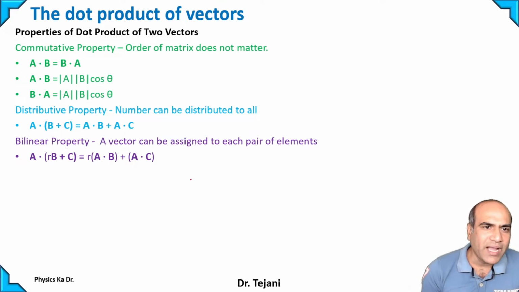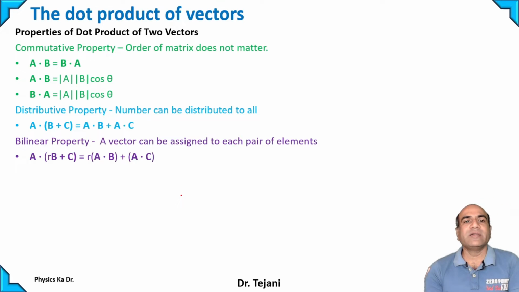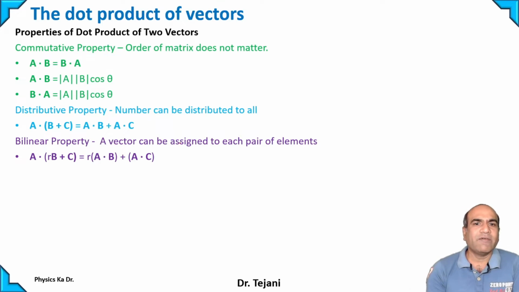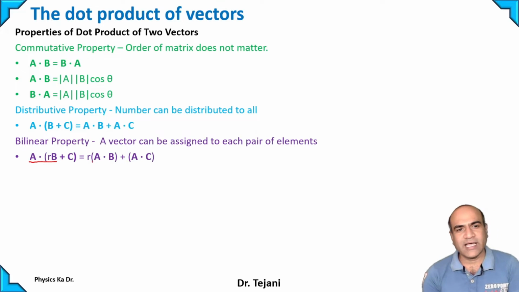Then next is a bilinear property. A vector can be assigned to each of the pair of the elements. Say for example, here it is A dot R. R is not a vector, so that means it is a scalar.